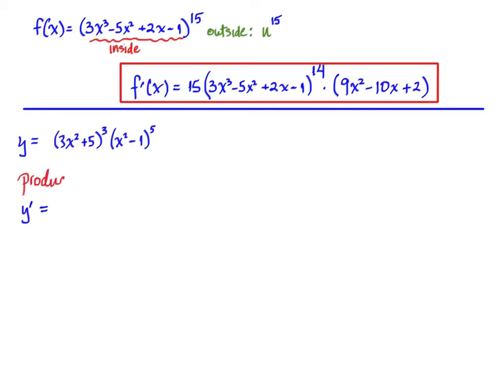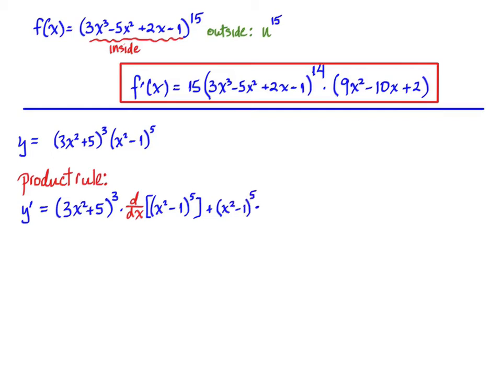So using the product rule, we're going to do the first times the derivative of the second, so I'm not differentiating yet, plus the second times the derivative of the first. All right, so now we're going to use the chain rule. So here's the first. We haven't differentiated.